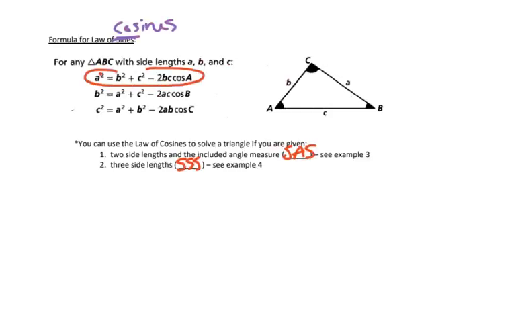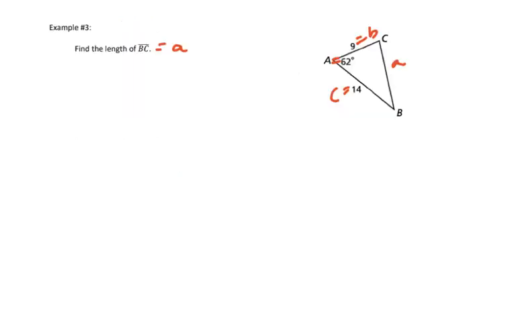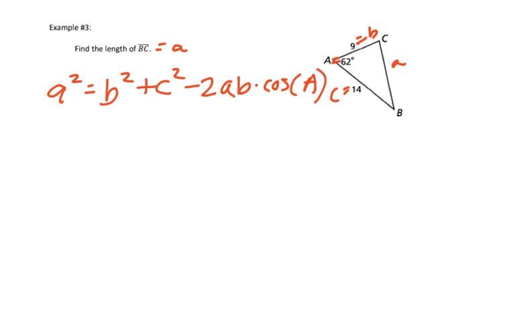We have B, C, and A, and we're trying to find the side length a. So our formula is a squared equals b squared plus c squared minus 2 times b times c times cosine of A.